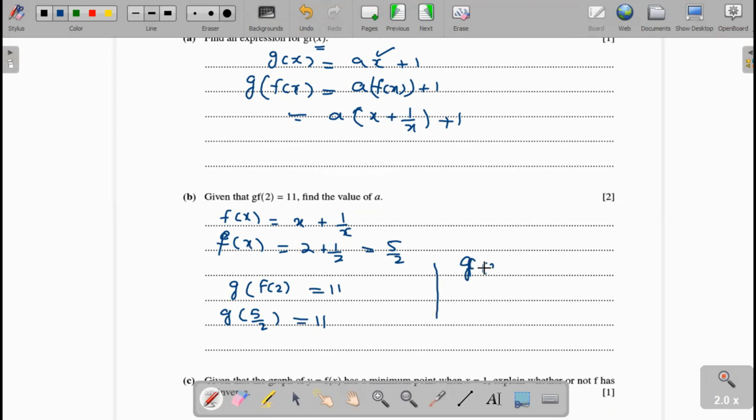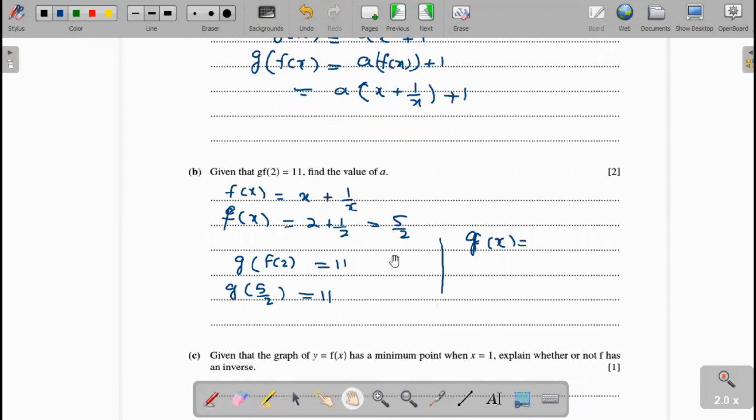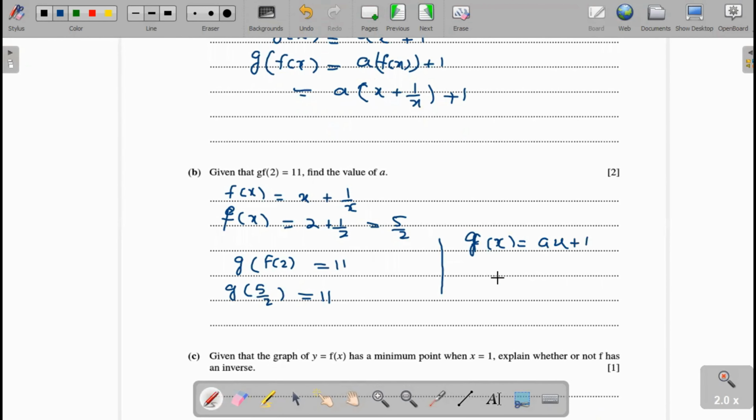Now g of x is equal to ax plus 1. Now we write it as g of 5 over 2 will be equal to a into 5 over 2 plus 1.